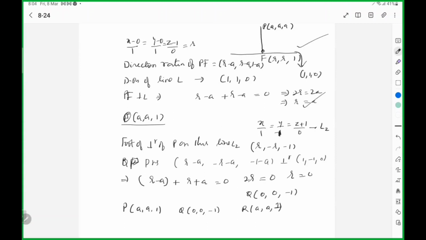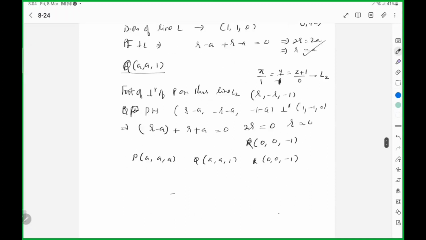So this is Q. This is R. P here is A. Q here is A1. R is 0, 0, minus.